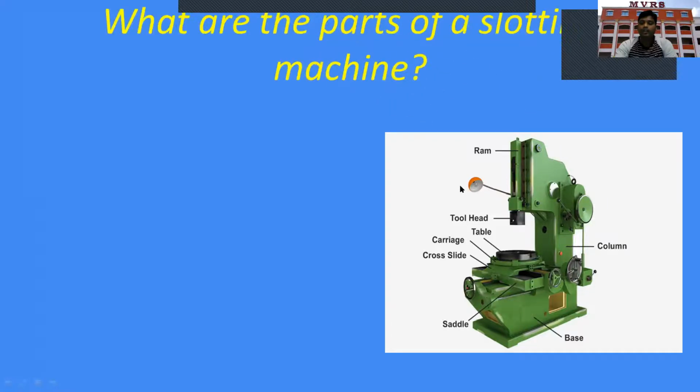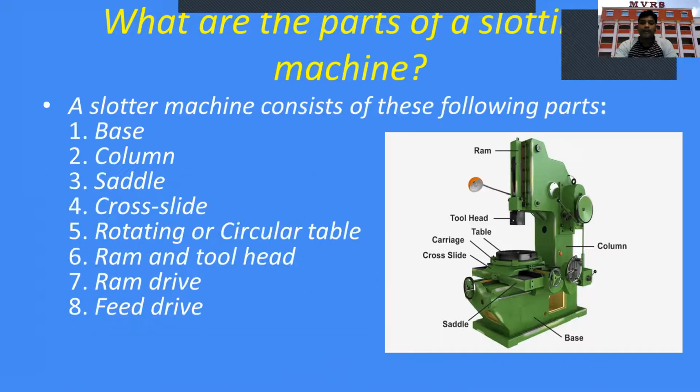So what are the various parts of a slotting machine? You can see here: base, column, saddle, cross slide, rotating or circular table, ram and tool head, ram drive, feed drive. So we should discuss these parts in detail.